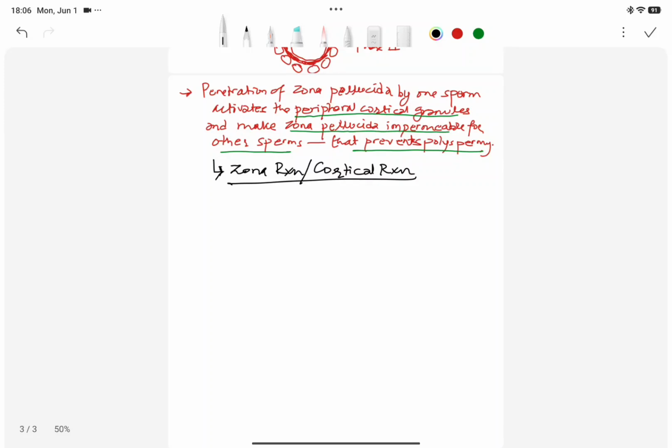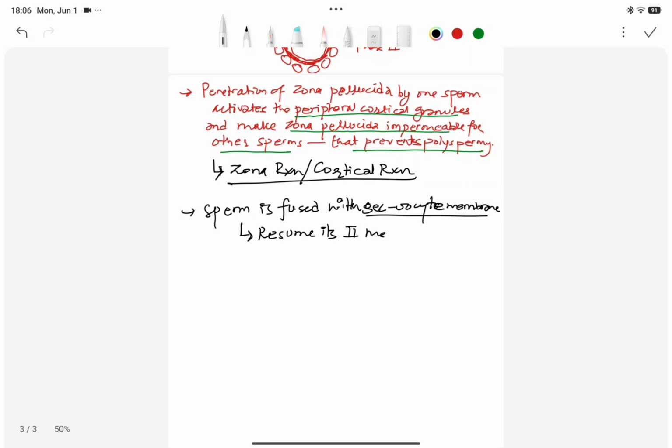And when the sperm is fused with the secondary oocyte membrane, the secondary oocyte resumes its second meiotic division and converts into the female pronucleus.